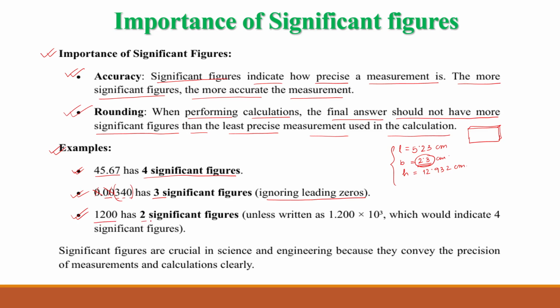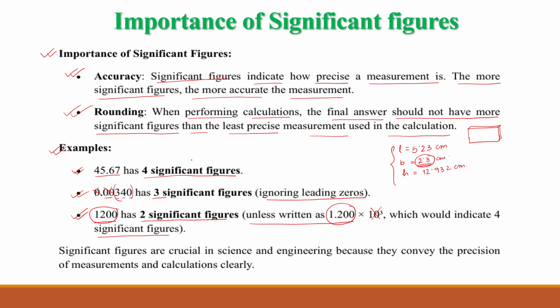Here two significant figures if we write it in this manner, but otherwise the significant figures are 4. So we are writing it in a manner that clarifies the concept, depending on the concept we are going to explain.